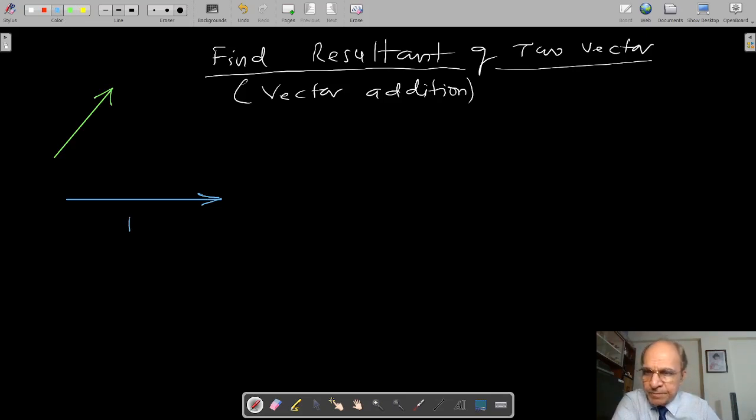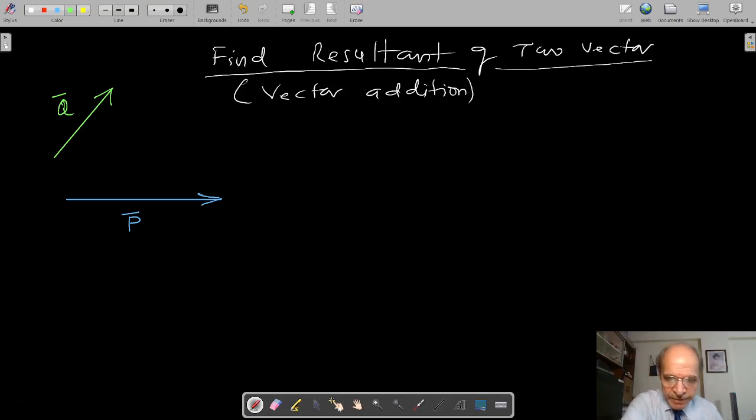Say this vector is P and say this vector is Q. So these two vectors are given to us, P and Q. The vectors are known to us, that means we know their magnitude and we also know their directions. And what is our objective? Our objective is to find the resultant vector, that is the resultant effect of these two vectors, mathematically.